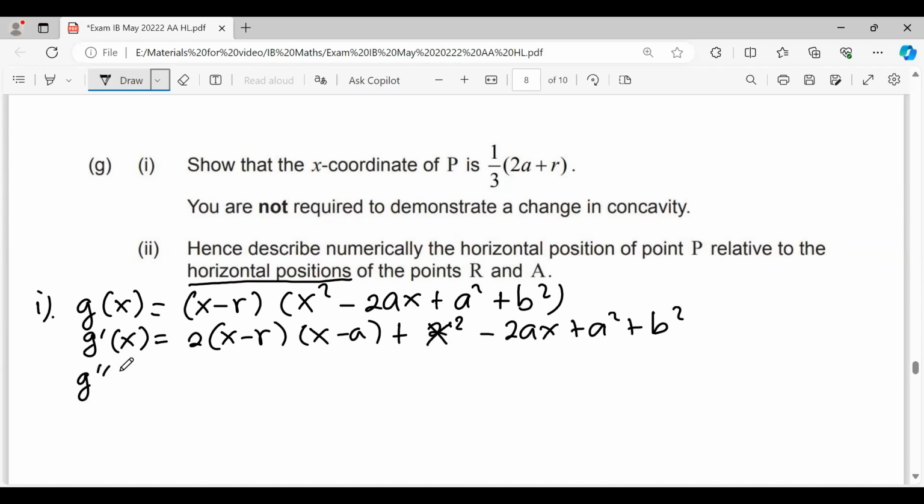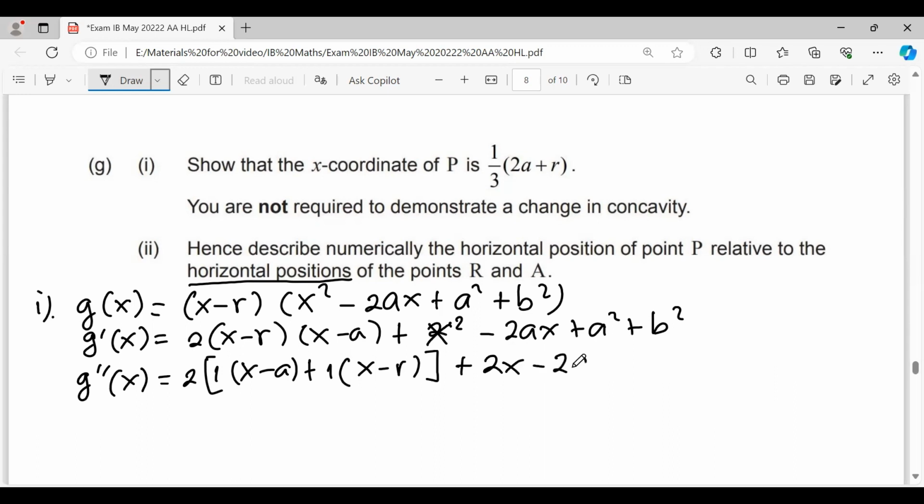And the second derivative, still using the product rule, u times v, for this one is going to be 2 times 1 times x minus a, 1 times x minus r, plus 2x minus 2a.